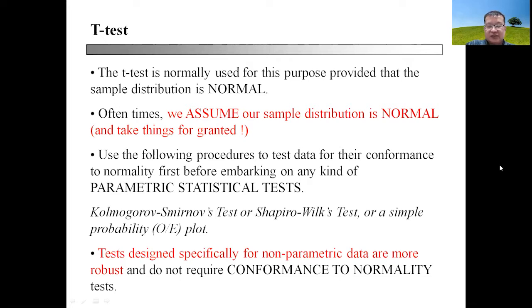In order to make sure that the data sets are normal, we need to perform tests such as Kolmogorov-Smirnov or Shapiro-Wilks test, or a simple probability observed or expected distribution plot in order to ascertain that our data sets conform to normal distribution and are therefore fit to be analyzed using parametric statistical tests. And if, let's say, the principles of normality are not conformed to, the data sets should be analyzed using non-parametric statistical tests.